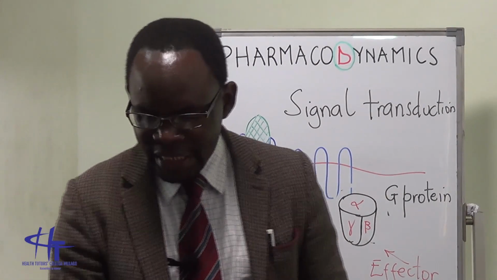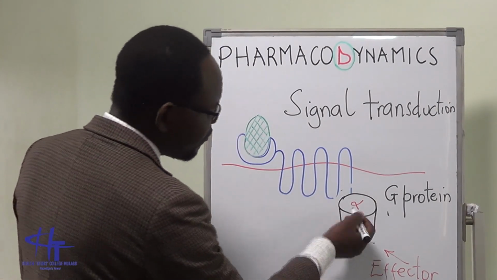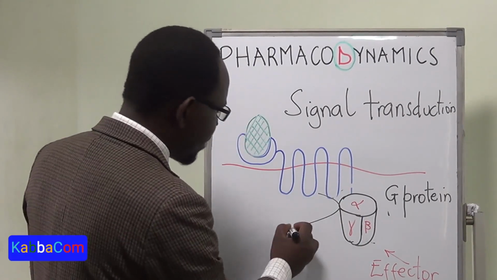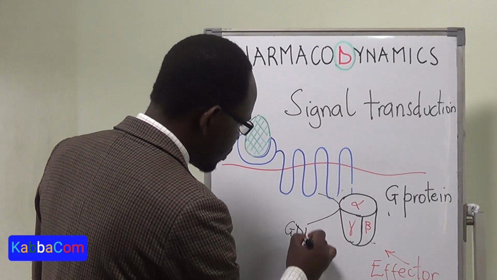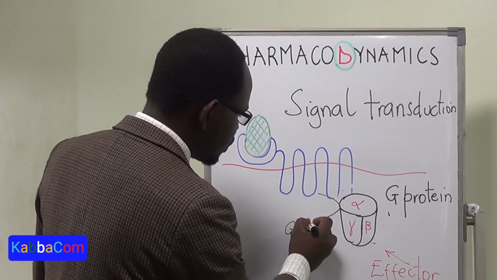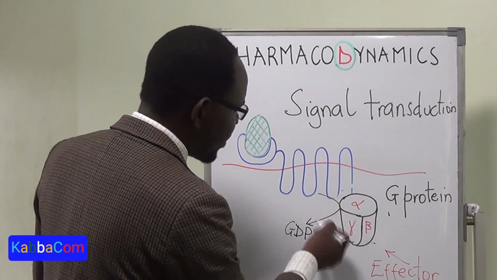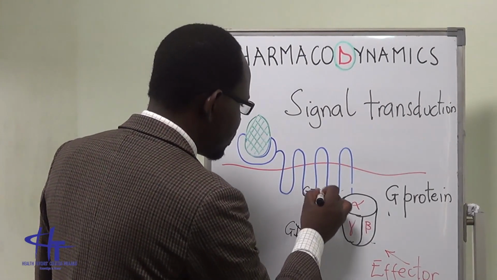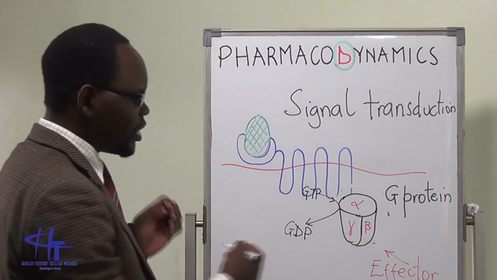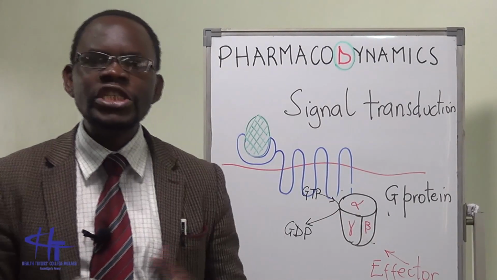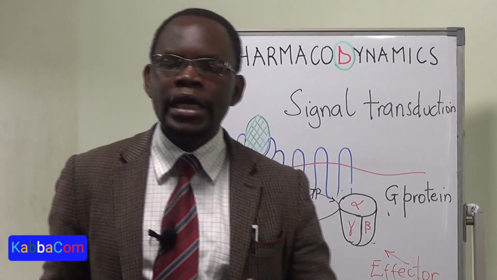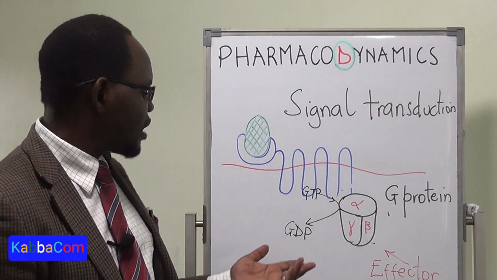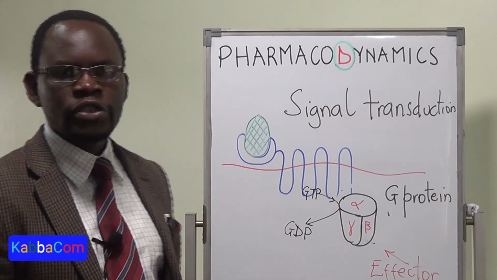It dissociates, and in this particular context, the alpha subunit gives up a GDP to get what we call a GTP. And once it gets a GTP, guanosine triphosphate versus guanosine diphosphate.